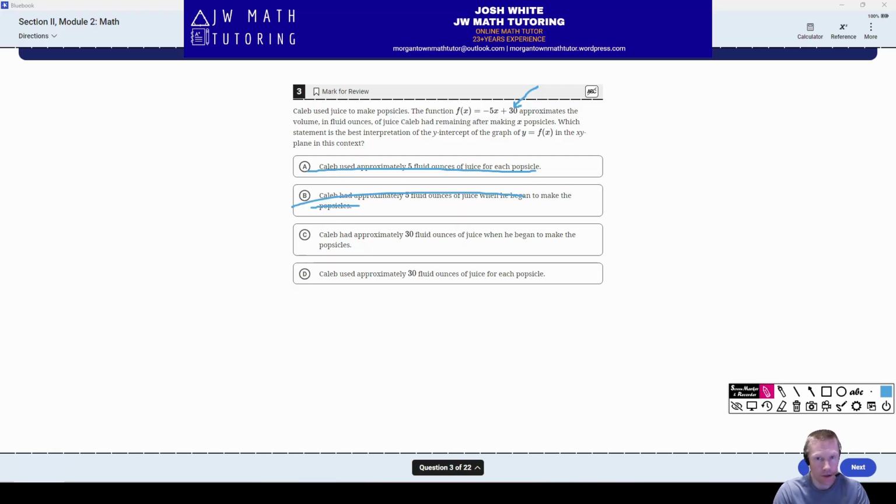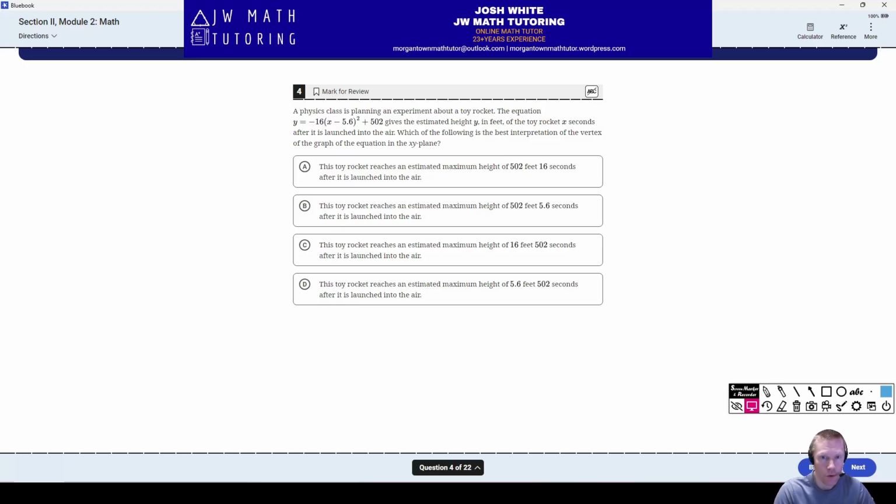He's using this juice to make popsicles, and this function approximates how much juice is remaining after making x popsicles. So when he has made 0 popsicles, i.e. when x is 0, that's what the y-intercept value is: we have 30 fluid ounces of this juice. So the correct answer for this is just going to be letter C.